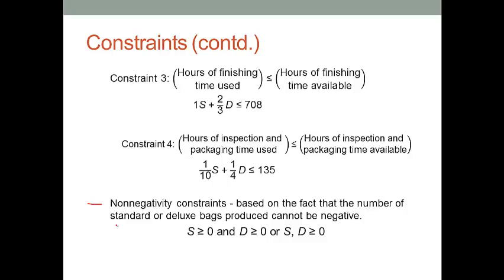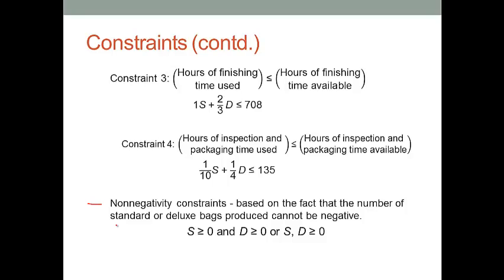The implicit constraints refer to the constraints that are not mentioned in the analysis requirement. However, the decision variables should have certain requirements from a practical standpoint. In our case, we have 2 implicit constraints. The number of standard bags manufactured cannot be a negative number.